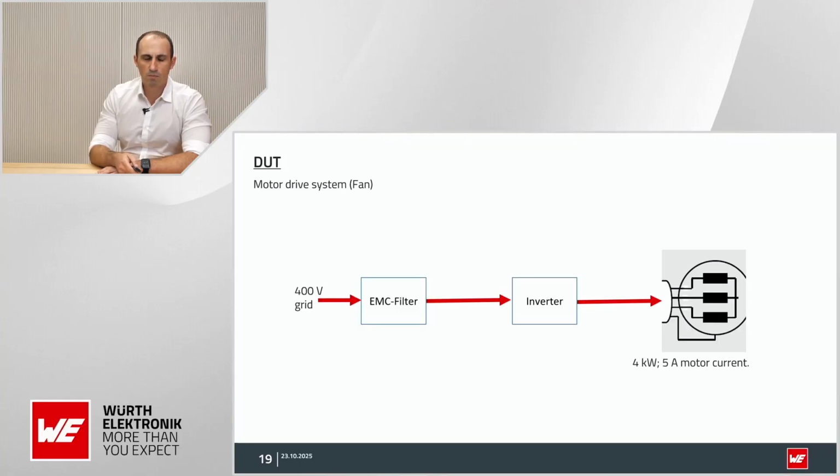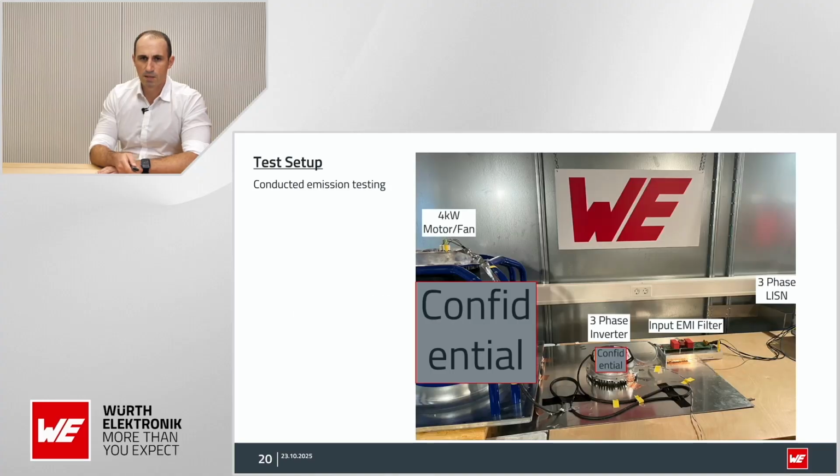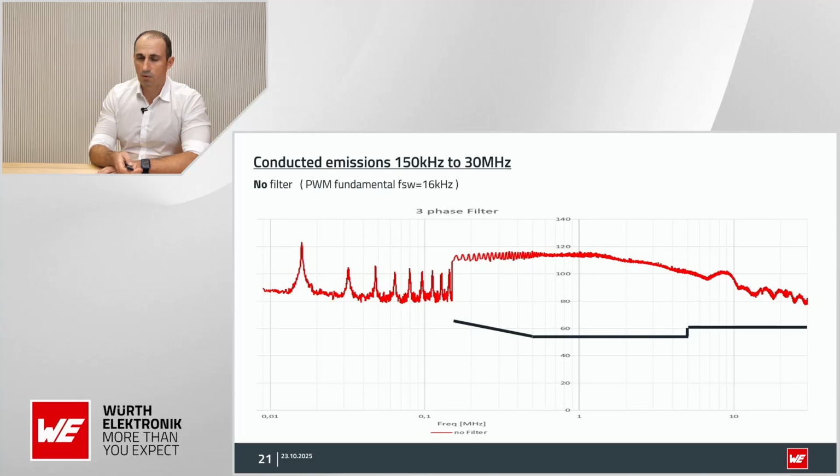Our setup, to test our designed and calculated filter, is a 400 volt application with an EMC filter, with an inverter and a 4 kilowatt industrial fan. In the lab, it looks like this. And this is our EMC signature with absolutely no filter components.